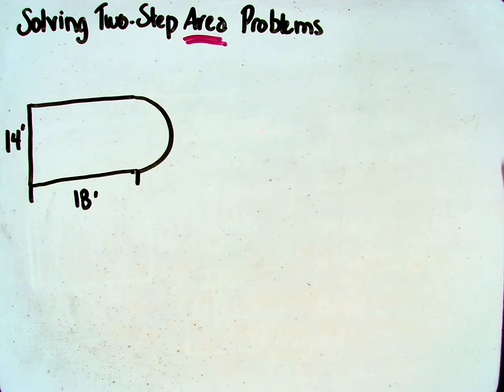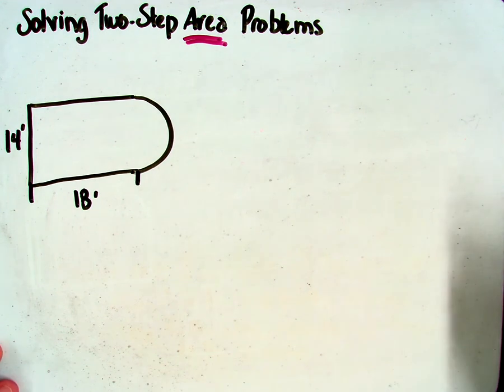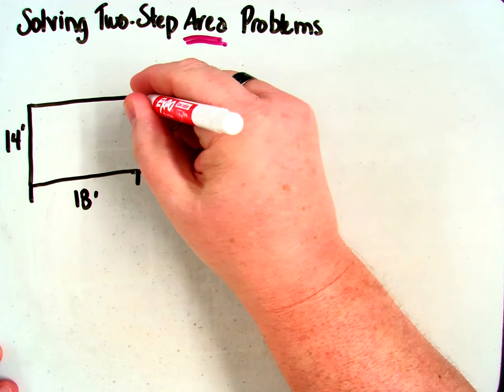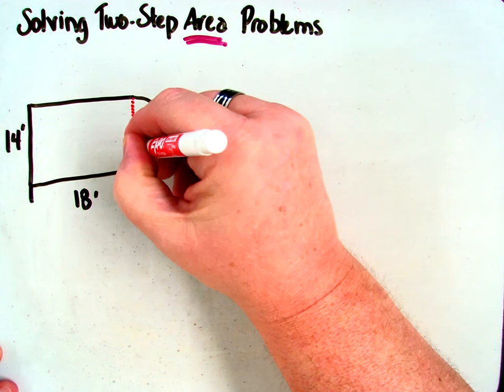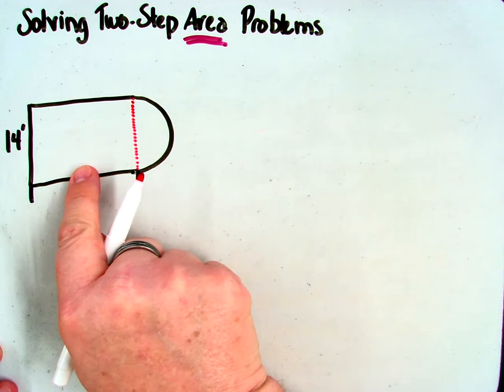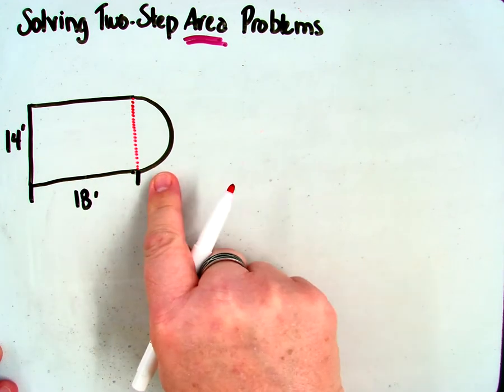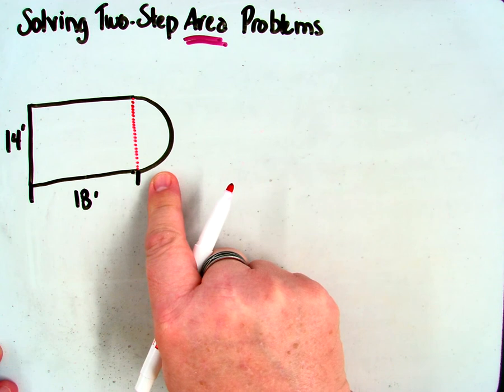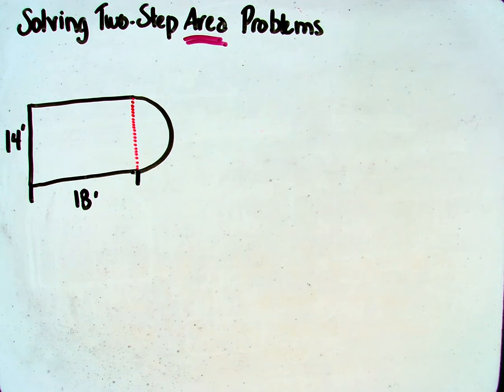Okay, here's an odd shape. What are we combining together to get this shape? Very good, D. If we draw a vertical line here, we have a rectangle, and what did you say this was? It is half of a circle. Now, what is the formula to find the area of a rectangle?